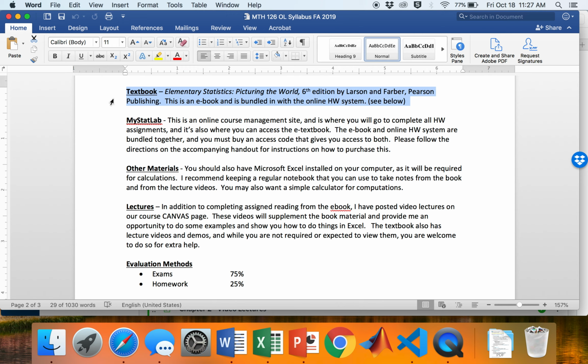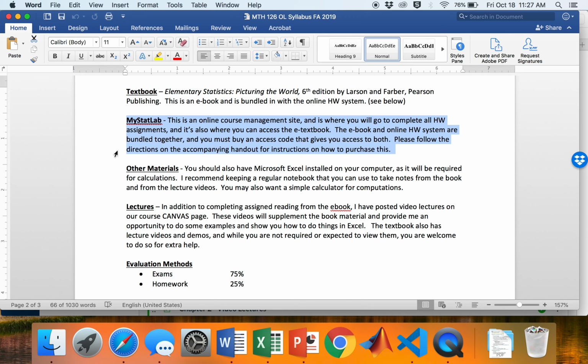But the book is always there in case you want some extra examples or want to get someone else's take on a particular topic. So there'll be the textbook, and it's bundled with the homework system, which is all handled through an organization called MyStatLab. This is a website that you'll be going to complete all of the homework. And if you've done online homework assignments before, you sort of know the drill.